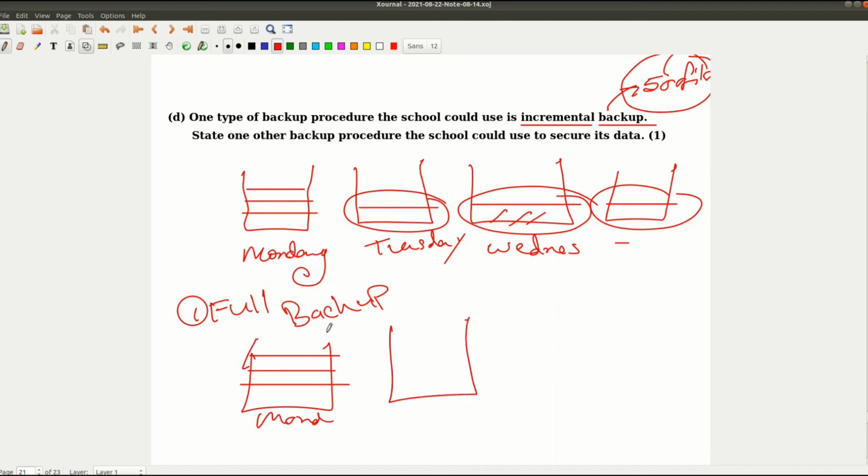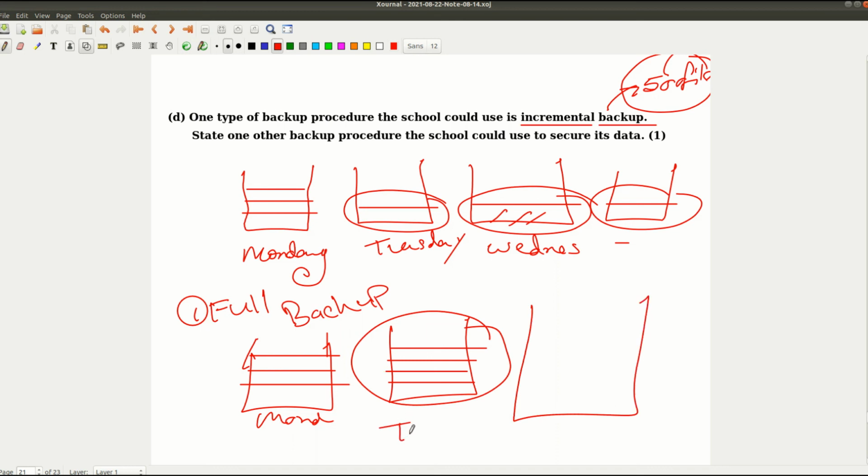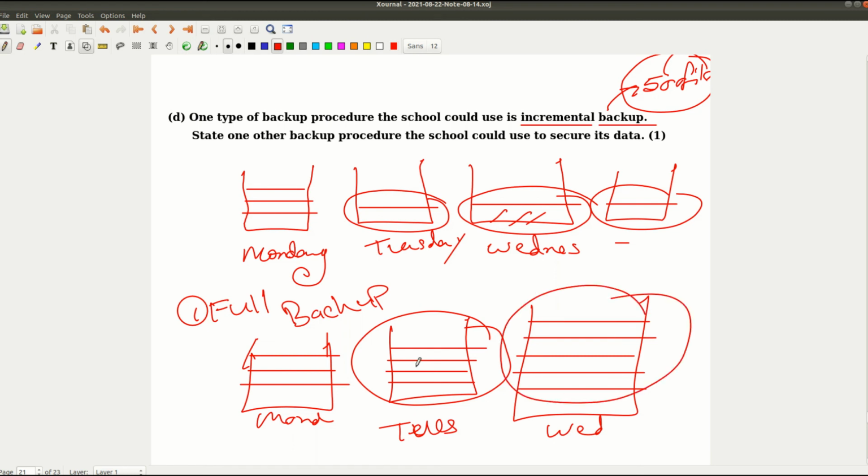But what the full backup does, it will take all the work for Monday and also take Tuesday, and it will back up this. This one is Tuesday, this one is Wednesday. So it will take the previous data and also today's data and take the full. So it will be more time consuming, the full backup. So the other answer is full backup.